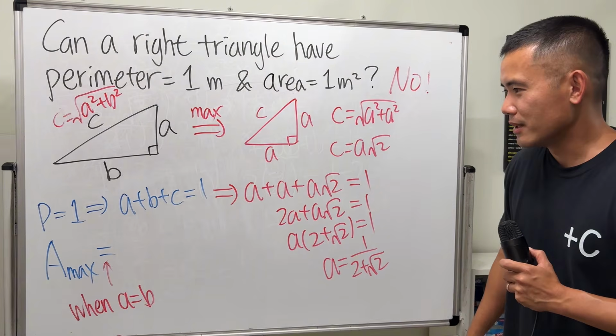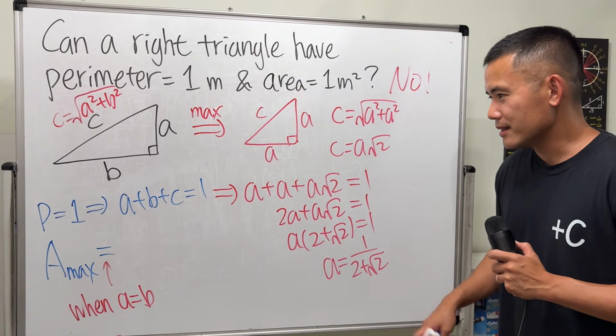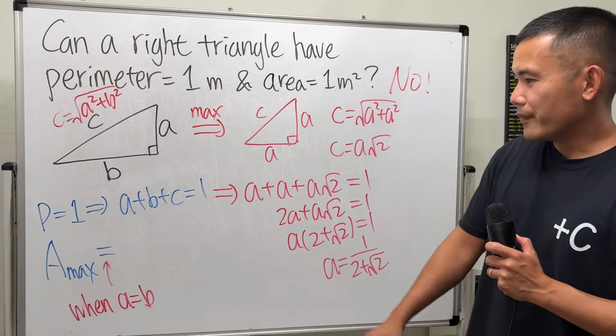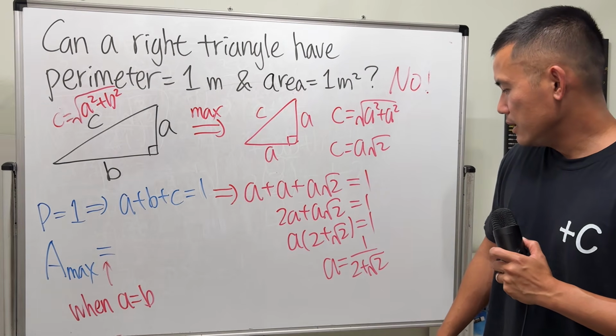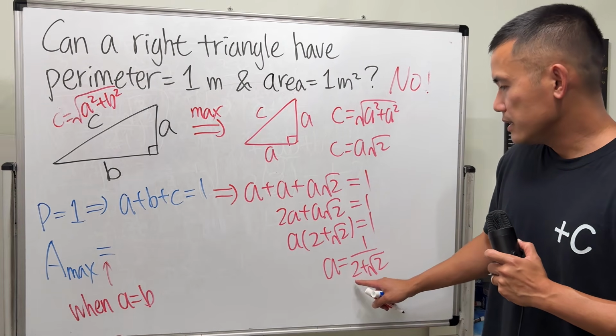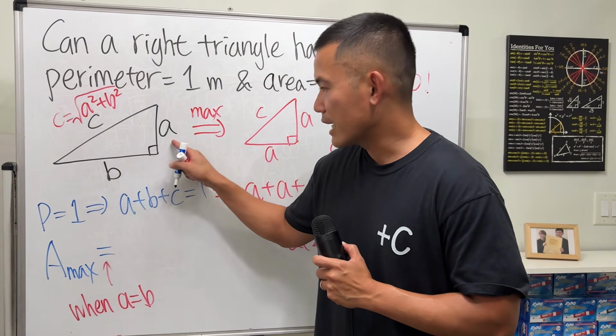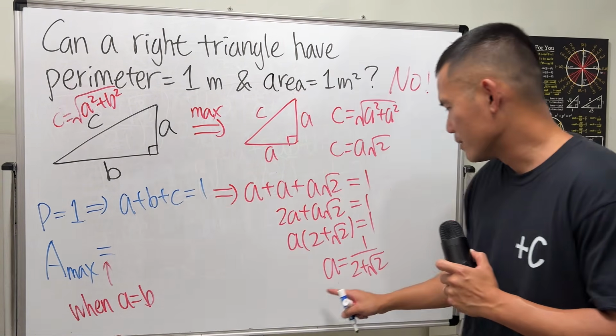That's not what we're about to simplify, the rationalizing of the denominator and all that stuff. So the maximum area is going to be when A is equal to this number, and of course the area is base times height. But they are the same now, right?